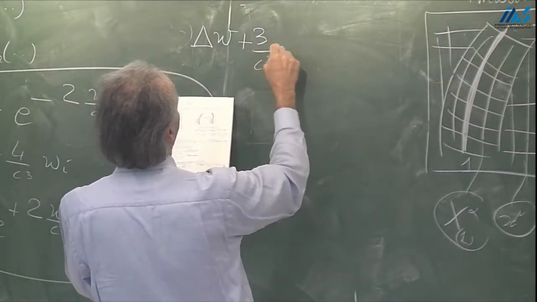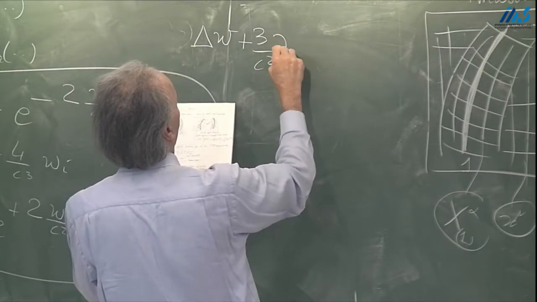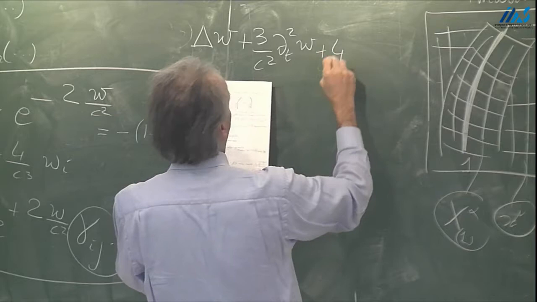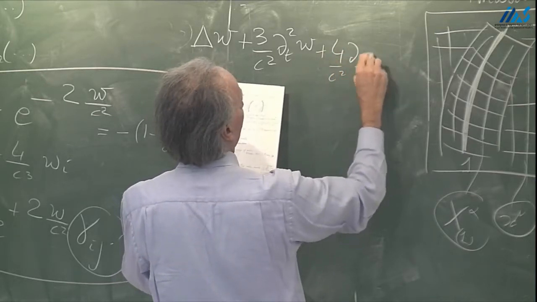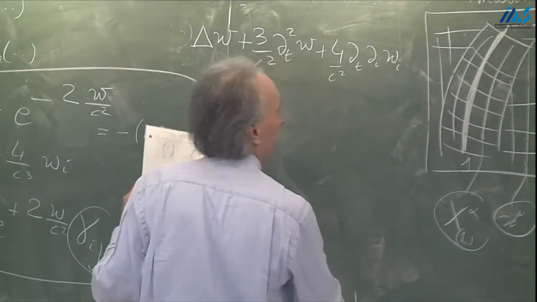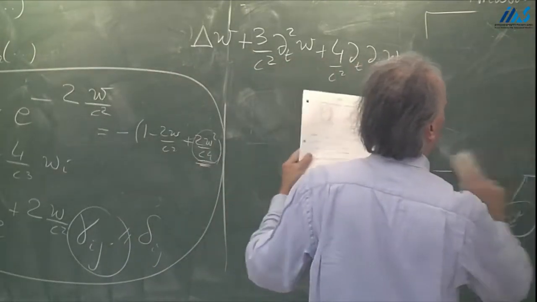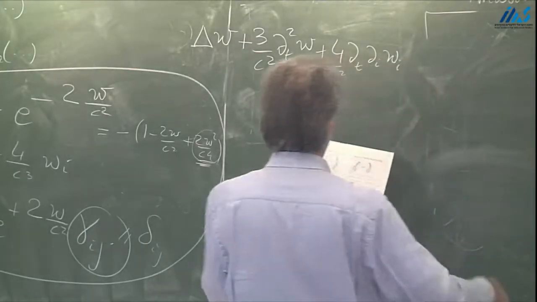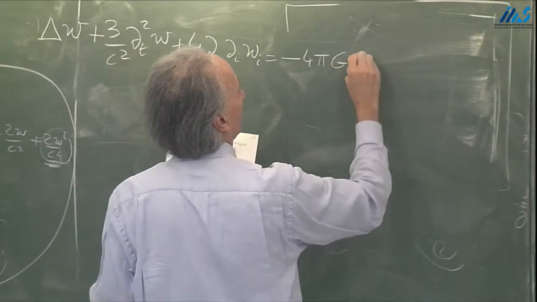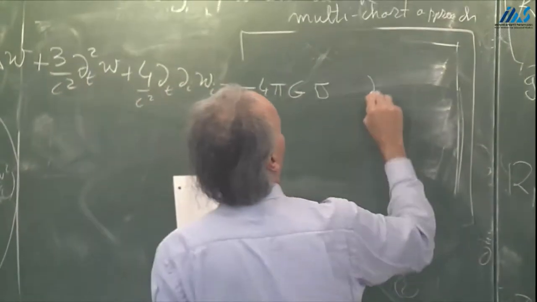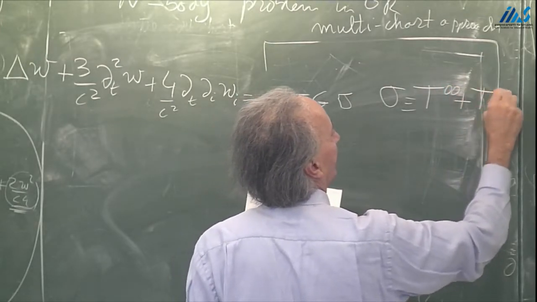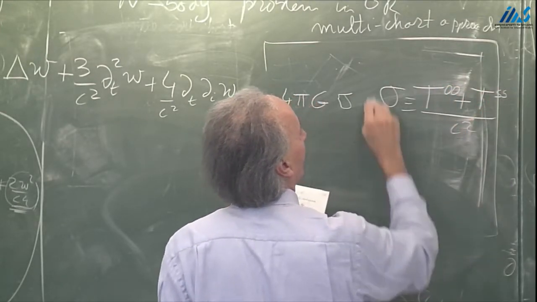The vector potential satisfies an equation of this type, plus 4 over c squared, the time derivative, and then the divergence of the vector potential is equal to minus 4 pi times G, a certain matter density sigma, where sigma is defined as T00 plus T trace over c squared.